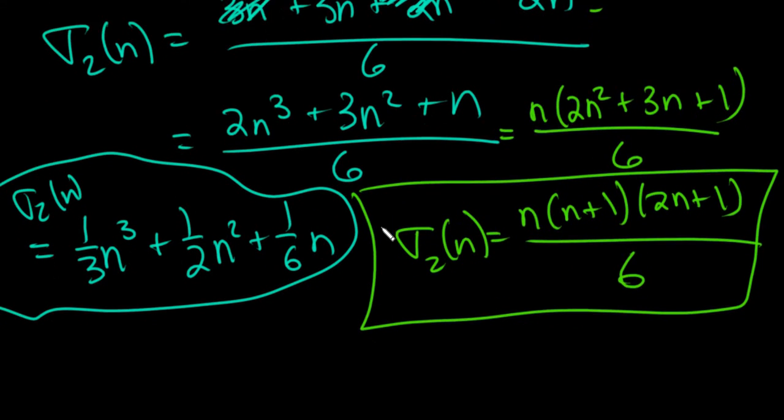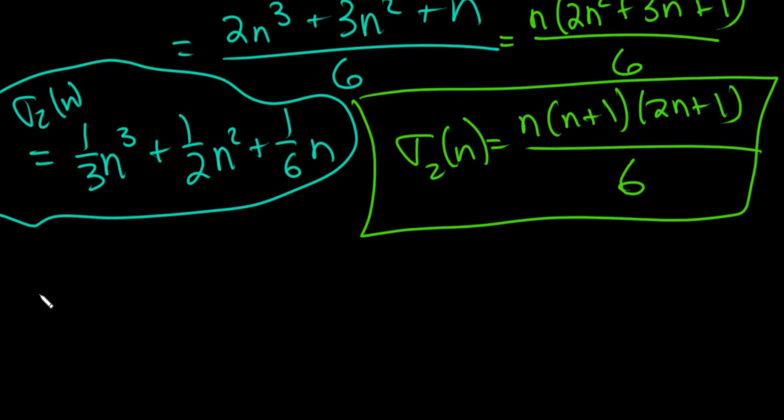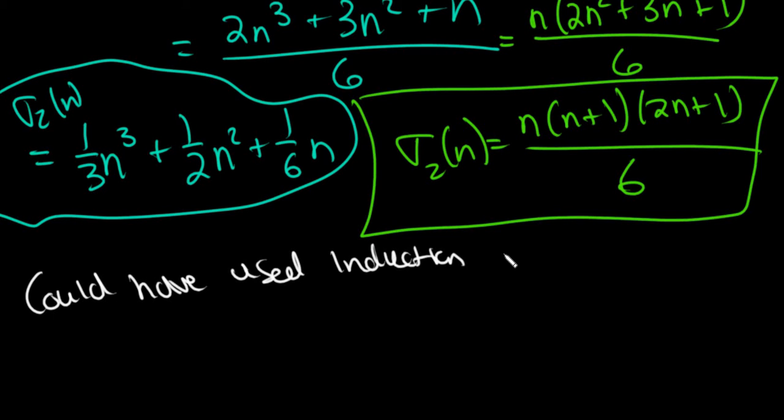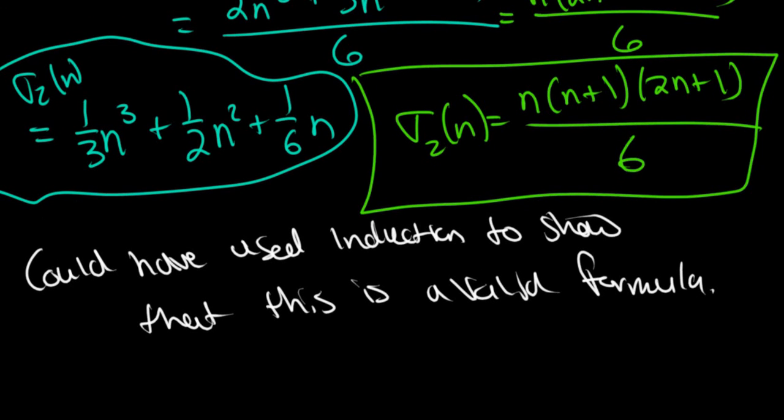We're done. We have a polynomial formula for this. Now, I want to mention that you could have used induction to show that this is a valid formula. But that requires you to know the formula in advance.